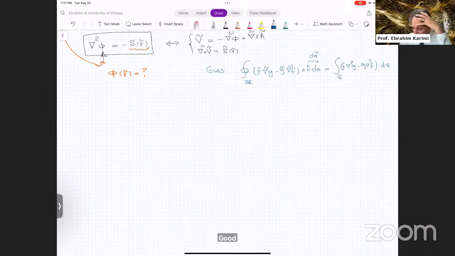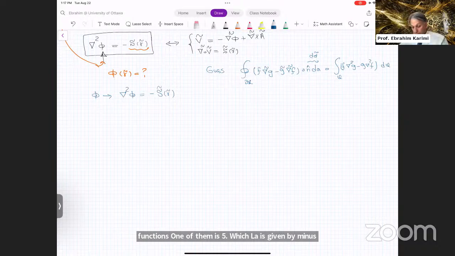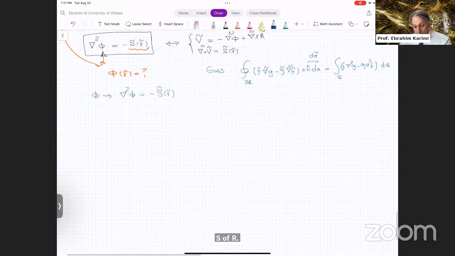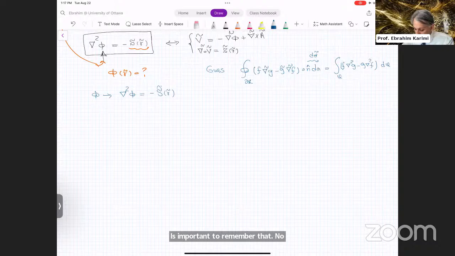Now I consider two functions, and one of them is phi, whose Laplacian of phi is given by minus S of r. It is important to remember that. Now I will assume another function, which is 1 divided by r.